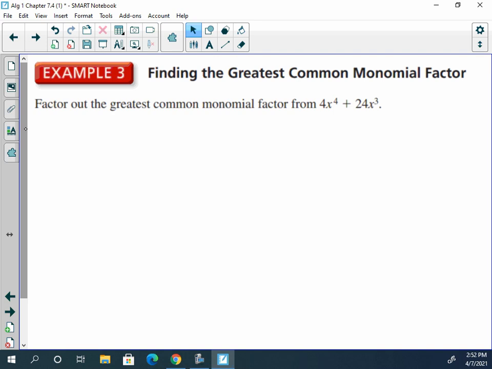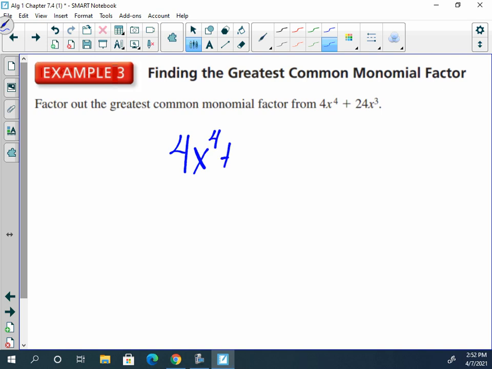It's the biggest number or terms that we can pull out of each term in the expression.